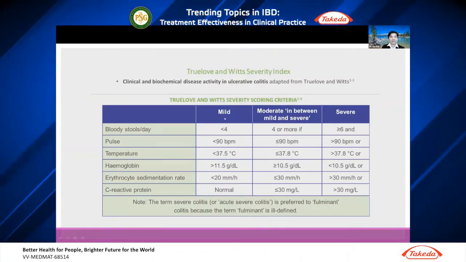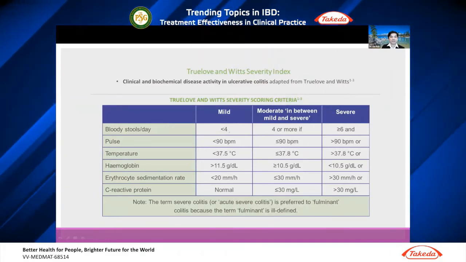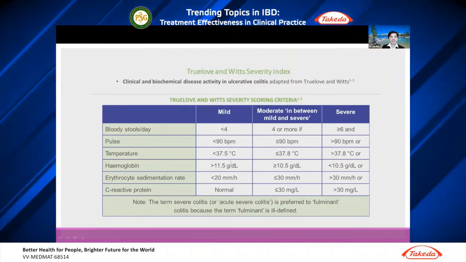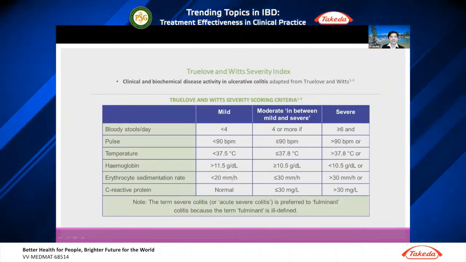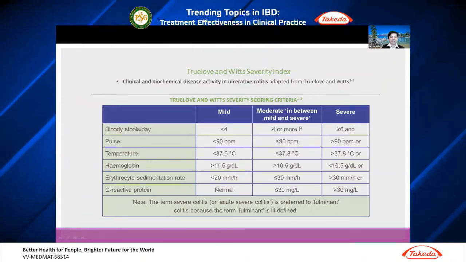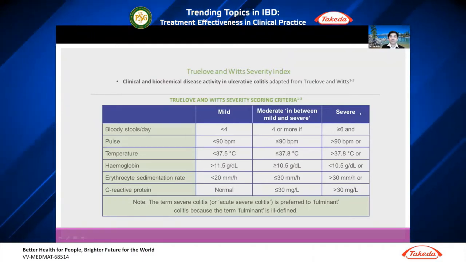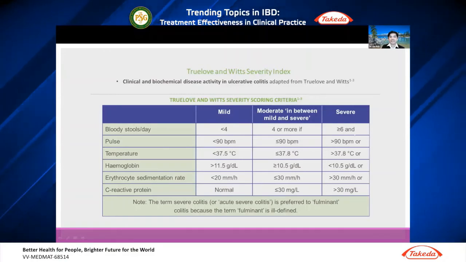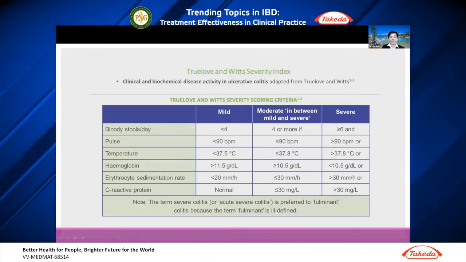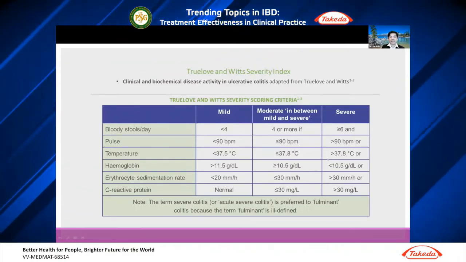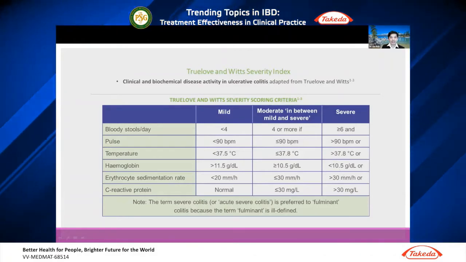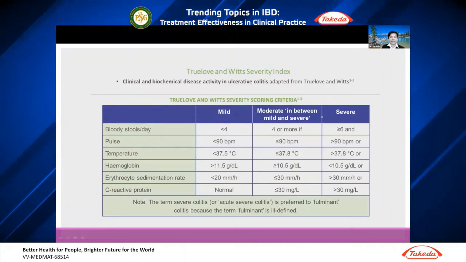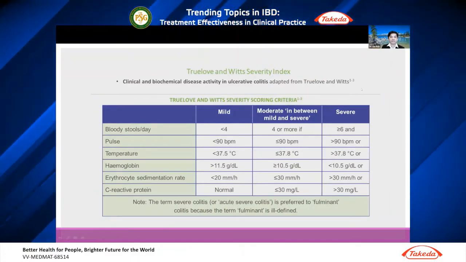So you have a mild case if your bloody stools are less than 4, you're not tachycardic, there's no fever, there's no anemia, your ESR is less than 20, and CRP is normal. You are considered as having severe ulcerative colitis if you have 6 bloody stools per day, you are tachycardic, you have fever, you have anemia, you have an elevated ESR and CRP, and in between is considered moderate.